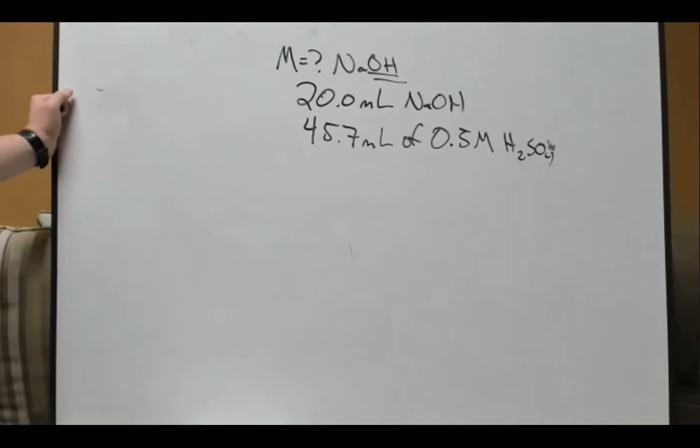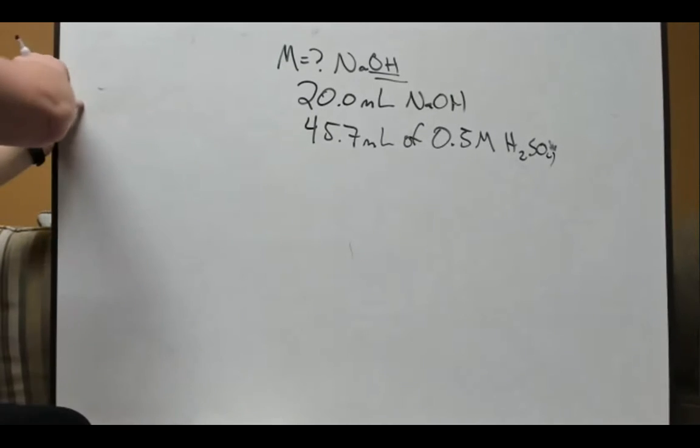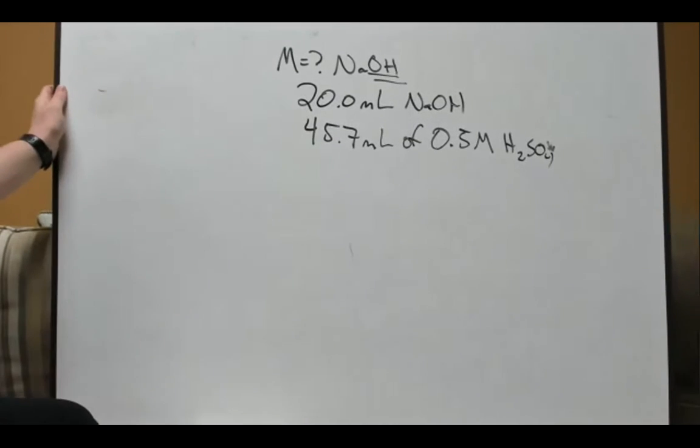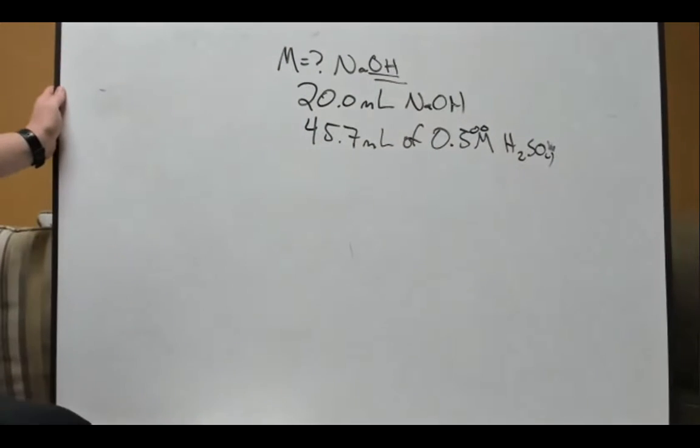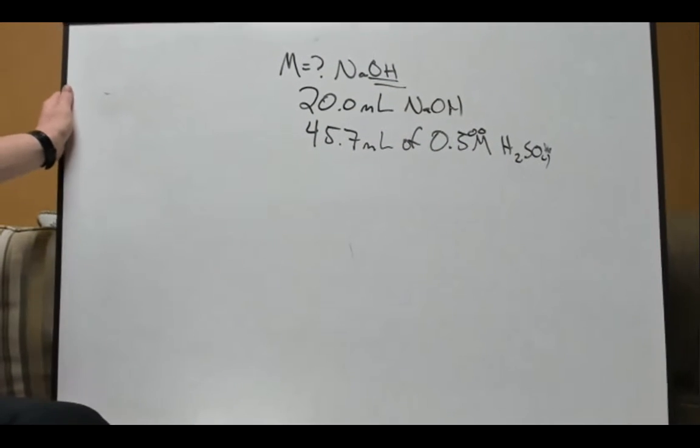So sulfuric acid, right? To the NaOH, we're titrating with sulfuric acid, 45.7 mL, and I'm actually going to draw 2 zeros there so that our answer should be in 3 significant figures. So let's think about this.